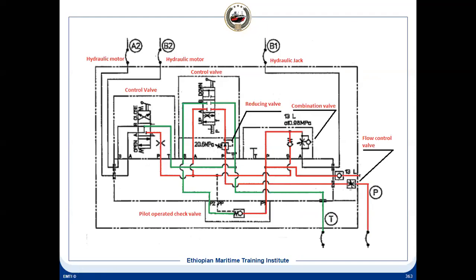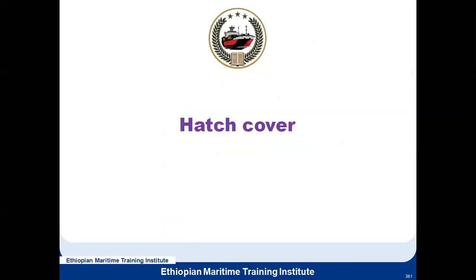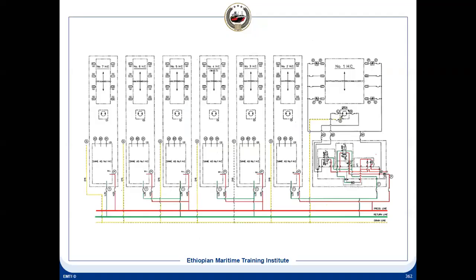So next is the hatch cover. The hatch cover hydraulic system, how does it work? This is the hatch cover, and it is the same as what comes from our power pack.